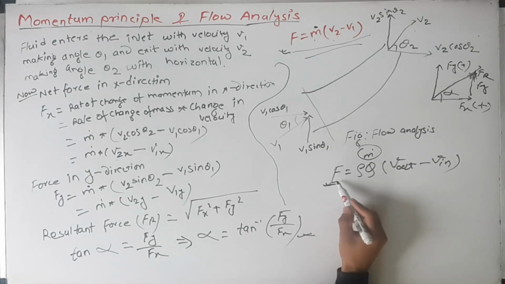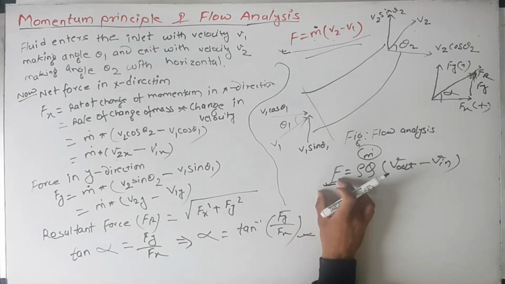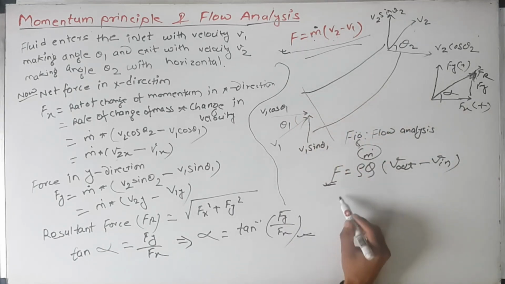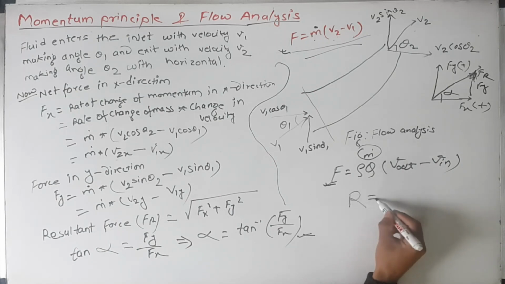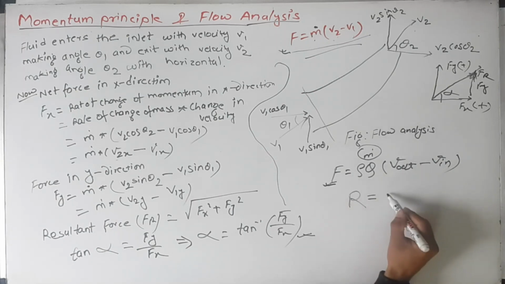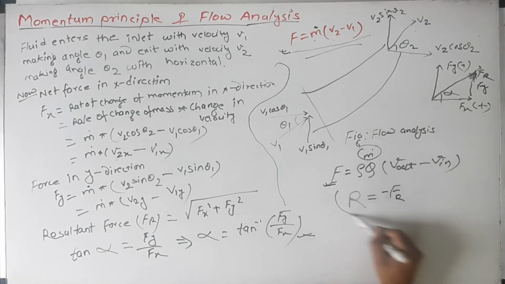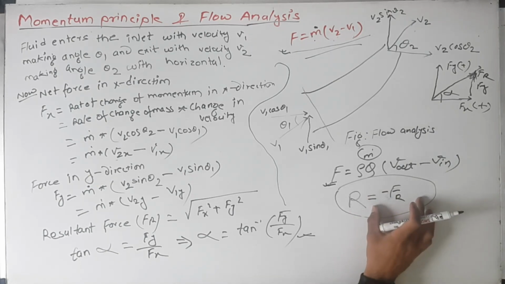This is the force exerted by the fluid on this bend, and the net reaction force R is always in the opposite direction, that we can write as F of R in negative. Reaction force is always in the opposite direction.